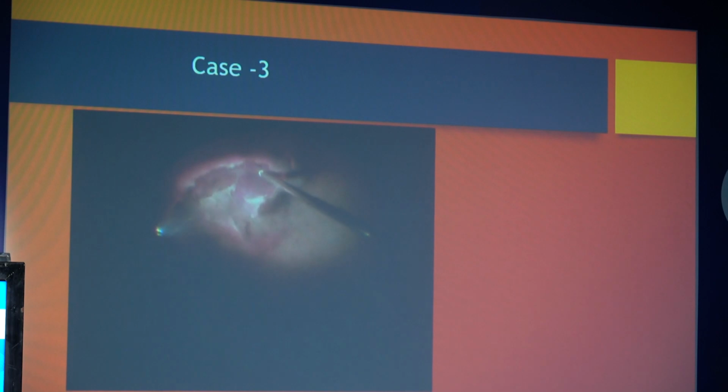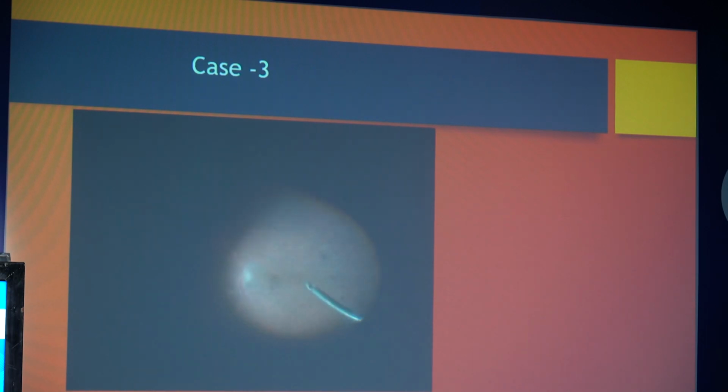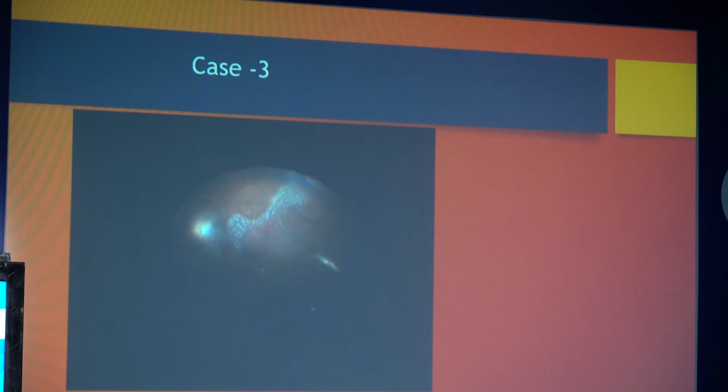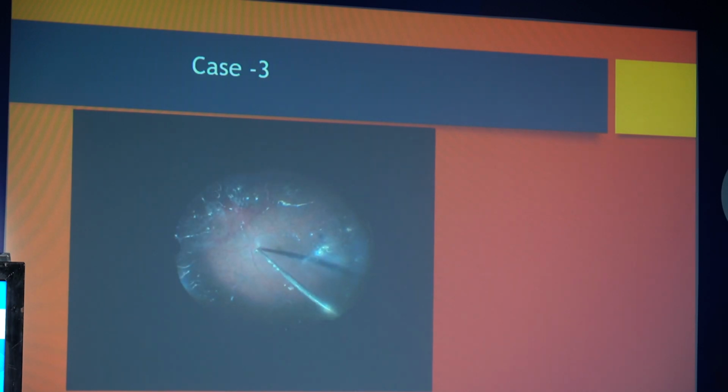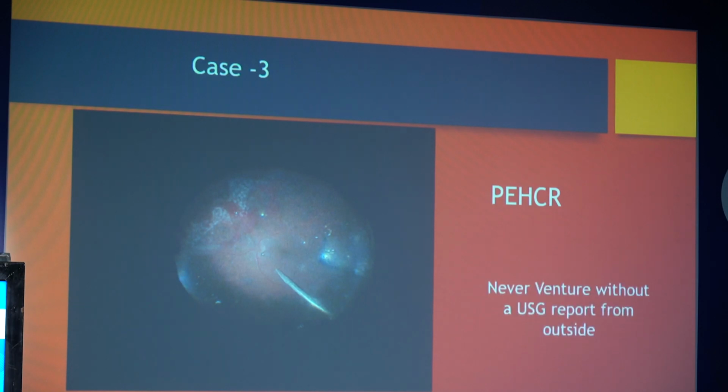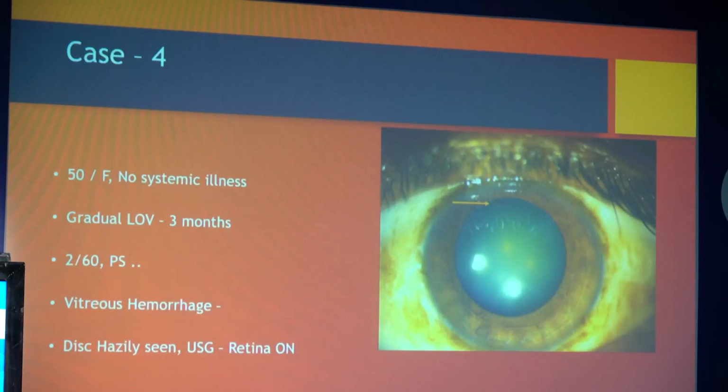So this is what we found on the table, and it was managed, no doubt. If we had anticipated that there was a peripheral exudative hemorrhagic retinopathy, we would have probably managed it in a better way, but we ended up with a large tear, which we fortunately could manage well. So never venture without a USG report from outside. This is a lesson that we learned from that patient.